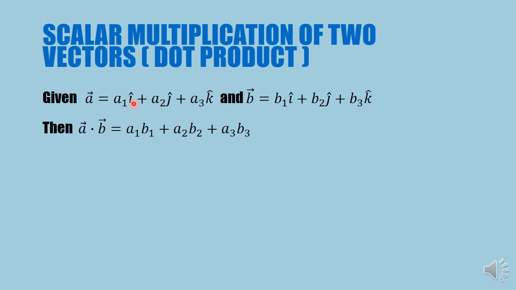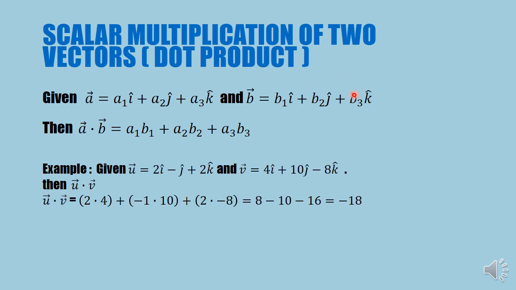For example, A1 times B1 plus A2 multiplied by B2 plus A3 multiplied by B3. So there you go. You have a dot product of two factors by multiplying the corresponding components: I with I, J with J, K with K.